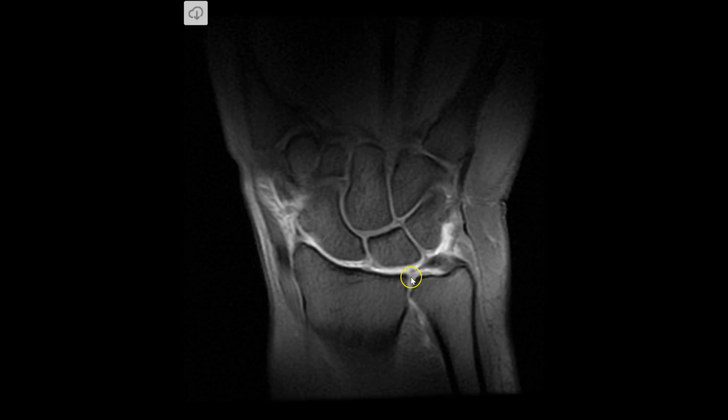There shouldn't be this much thinning or attenuation. This is a degenerative phenomenon that happens over time. With progressive thinning of this triangular fibrocartilage complex near the radial attachment, you'll see secondary thinning of the cartilage on the lunate.